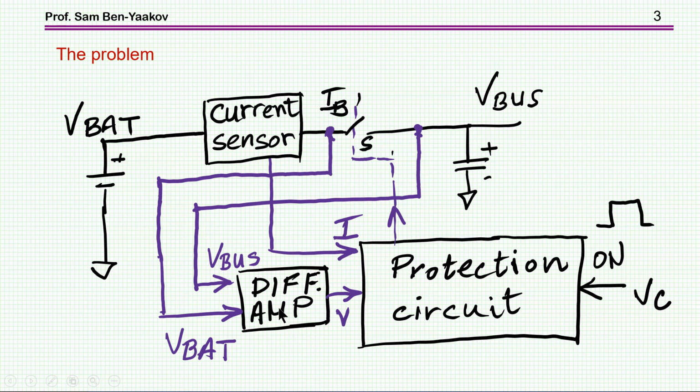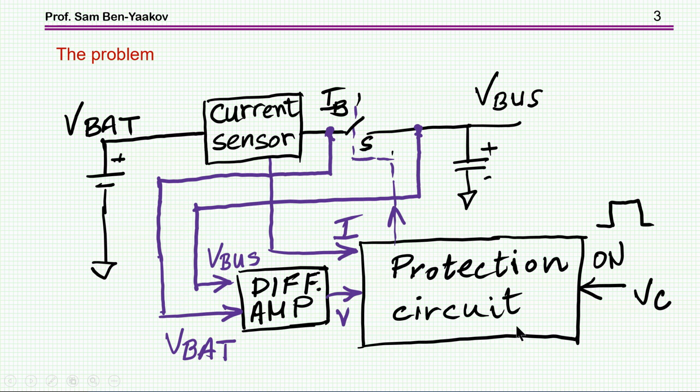This differential amplifier measures the difference voltage across the switch so as to know whenever it is safe to connect the battery to the bus. It feeds this information to the protection circuit.